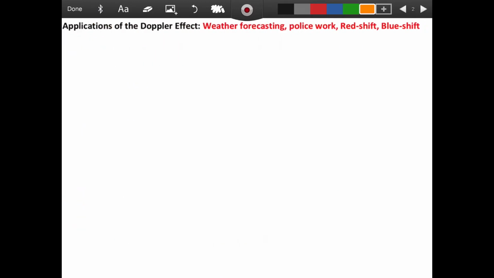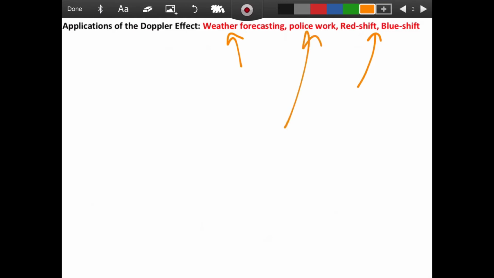There are some real-world applications of the Doppler effect. In earth science, you may have seen it in weather forecasting. And when we're talking about outer space and galaxies moving towards us or away from us, they can observe those using a redshift and a blue shift, which we'll learn about the different frequencies of light waves in a few weeks.